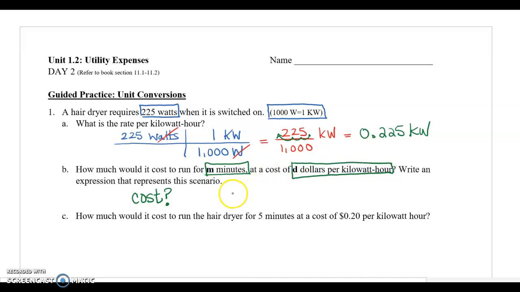I would take my value, 0.225, times it by the number of minutes it runs, and then I'll multiply that by the cost, so the dollars per kilowatt hour. And this is what the expression would be. What is the cost? It would multiply that together. So how much would it cost to run a dryer for 5 minutes at a cost of 20 cents per kilowatt hour?